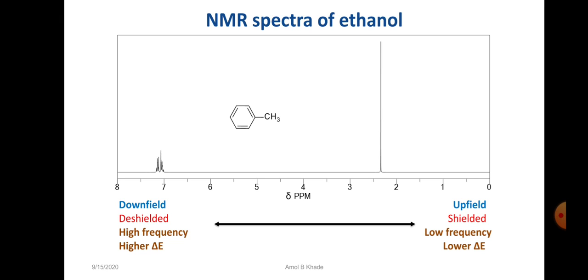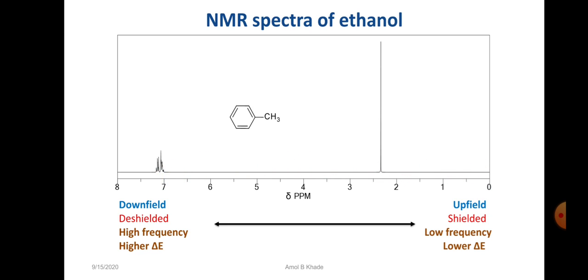Because of the shielding they require lower frequency. To shift the protons from the ground state to the excited state, we require a quantized energy, delta E, and the protons appearing in this upfield or shielded region require lower energy to bring them into resonance.